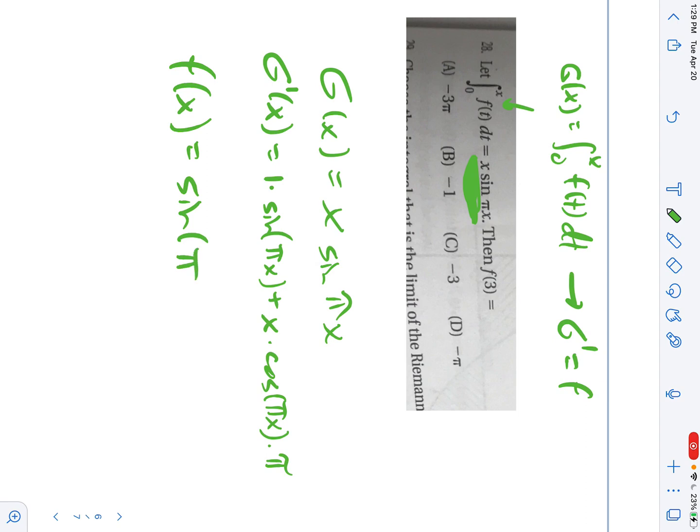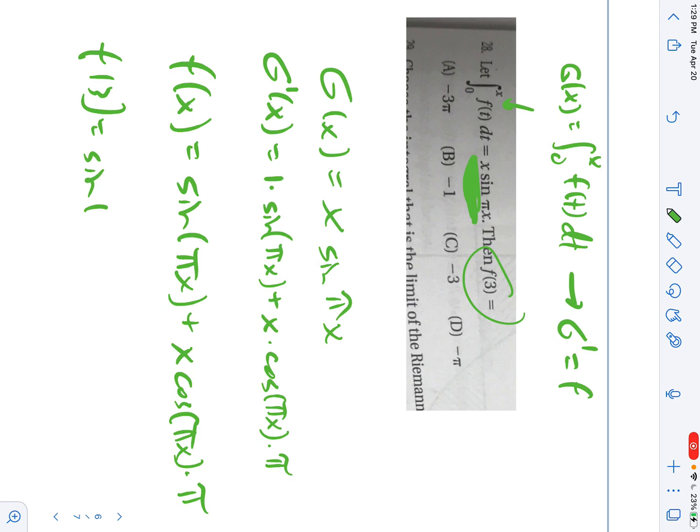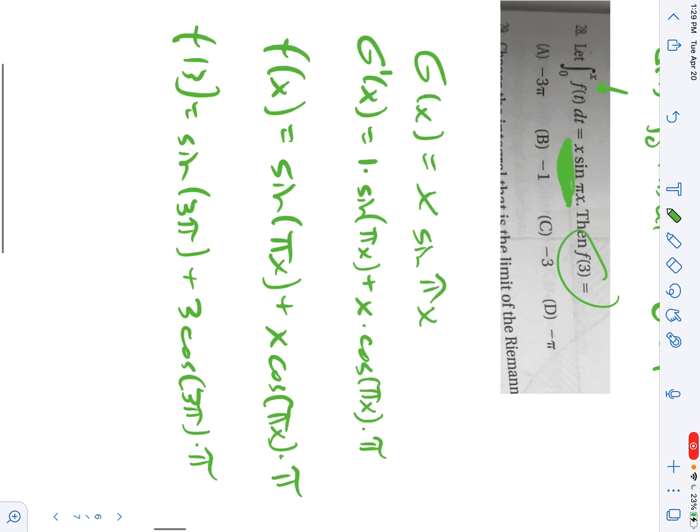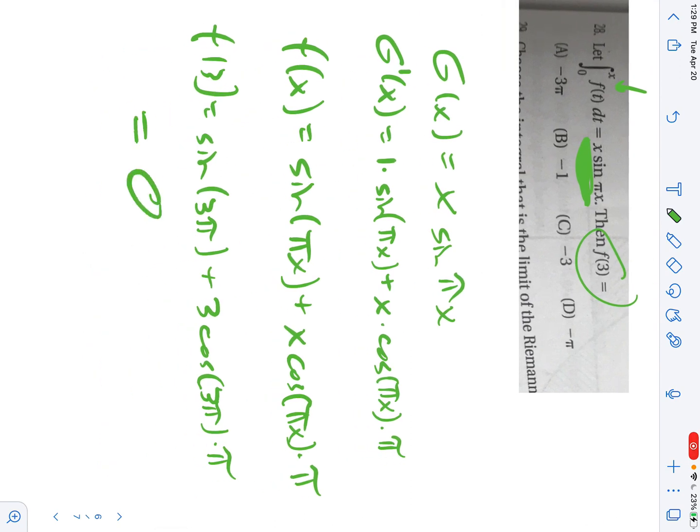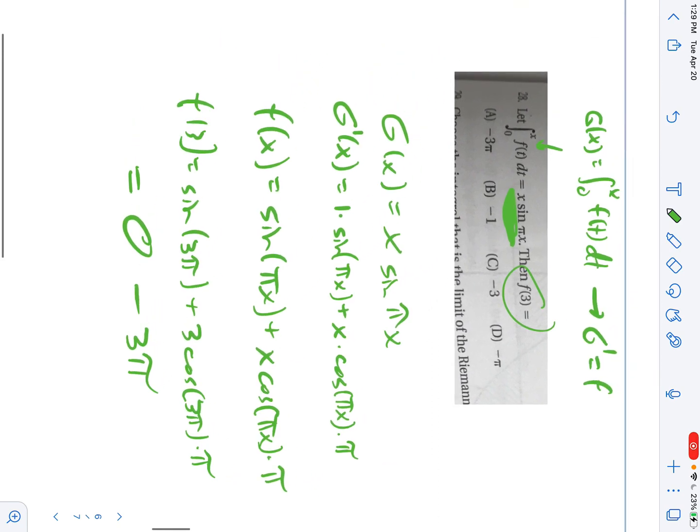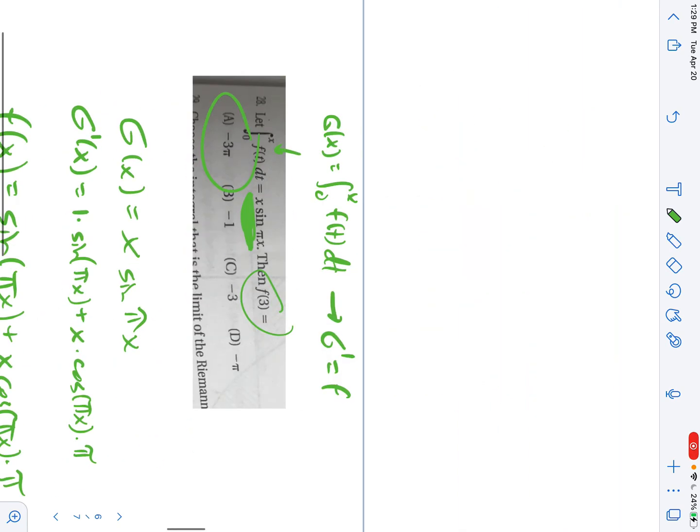So f of x is this function. So let's just plug in 3. F of 3 is sine of pi x plus 3 times cosine of 3 pi times pi. And you do need to know basic trig values. Sine of 3 pi is 0. Cosine of 3 pi is negative 1. So this is 0 minus 3 pi, which is negative 3 pi. Our answer is A.